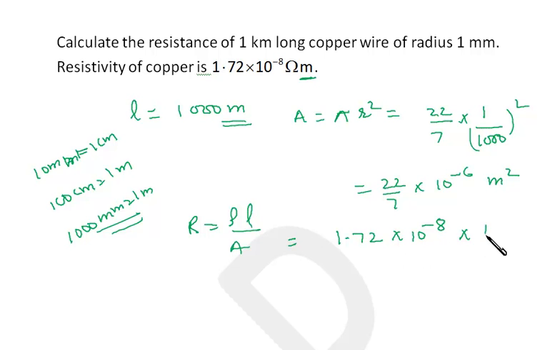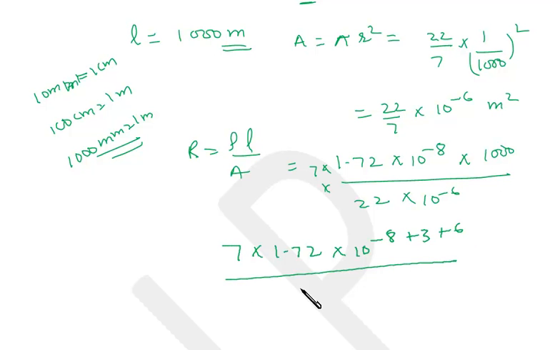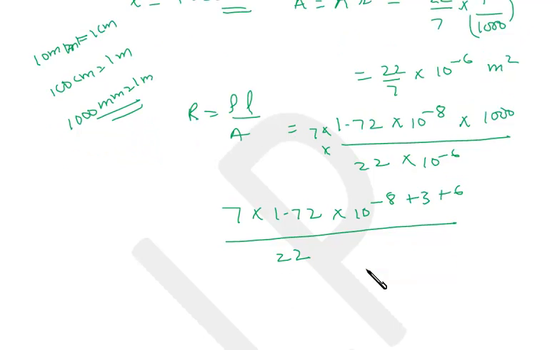So the length of the wire is 1000 and the area of the cross section is 22 by 7 into 10 raised to power minus 6. So it's 7 into 1.72 into 10 raised to power minus 8 plus 3 plus 6, divided by 22.